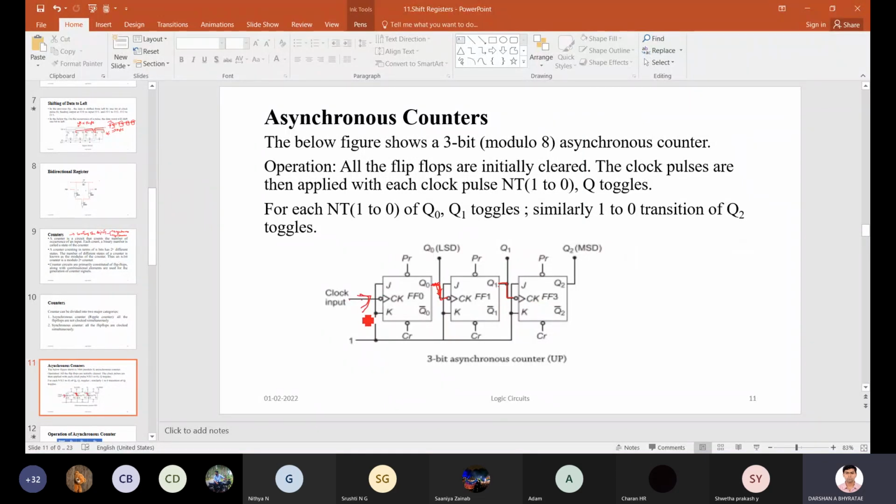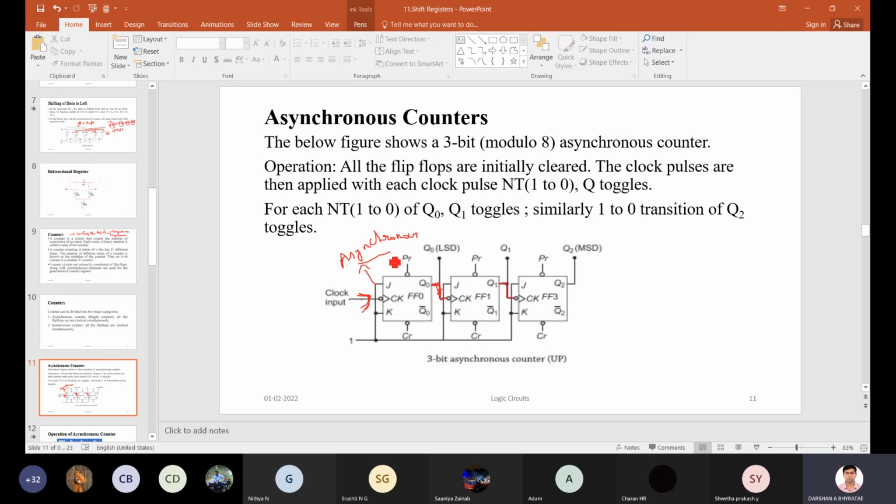We call this type of counter an asynchronous counter. Asynchronous is nothing but connecting the clock signal only to the first stage. The output will not change until the clock appears for the second and third stage. In simple words, I apply the clock signal only for the first stage. That is what we call an asynchronous counter.